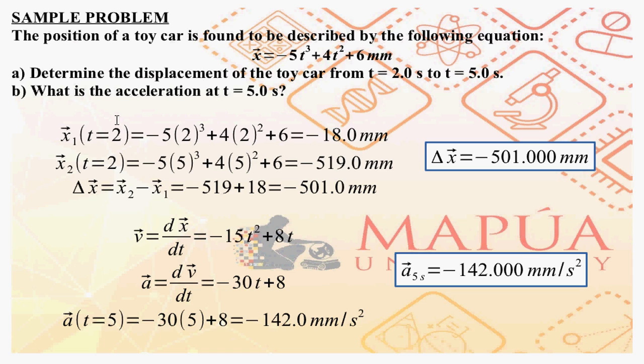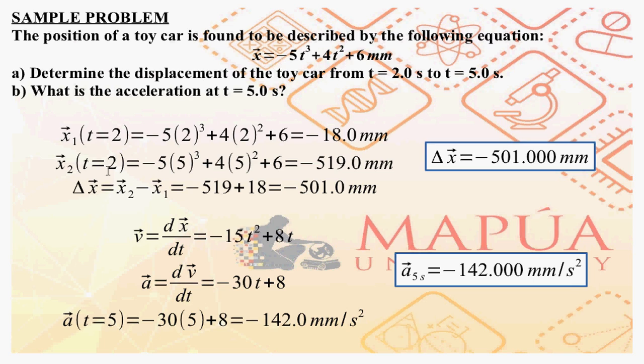For the first part, as you can see, the problem itself provides an equation that describes the motion of the object. In this problem, you are provided an equation for position x. The position of the object is being described by this equation: x is equal to negative 5t cubed plus 4t squared.